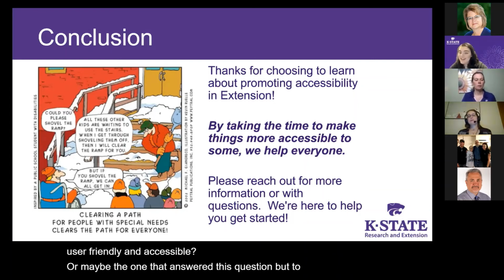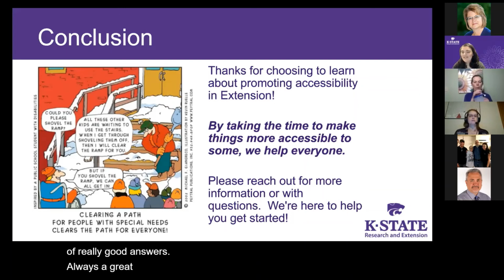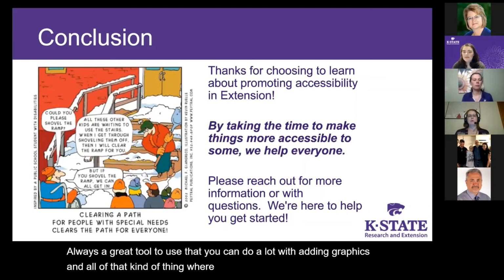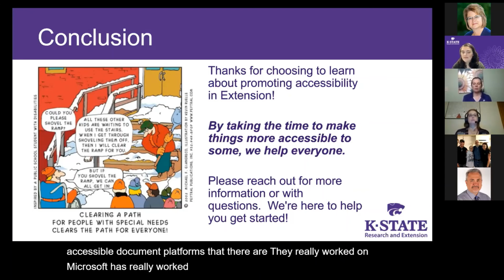There's lots of options. Definitely you can start with Word. Always a great tool to use that you can do a lot with, adding graphics and all of that kind of thing. Word is probably one of the most accessible document platforms that there are. Microsoft has really worked on their accessible tools and letting you know how to do that.